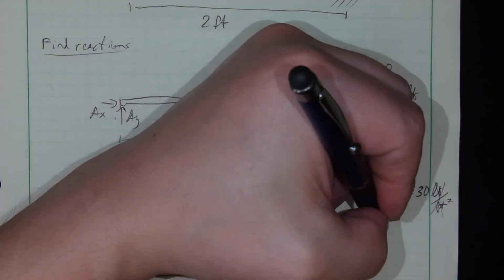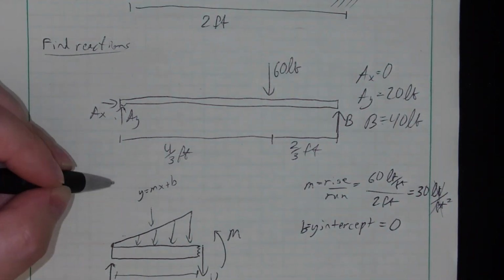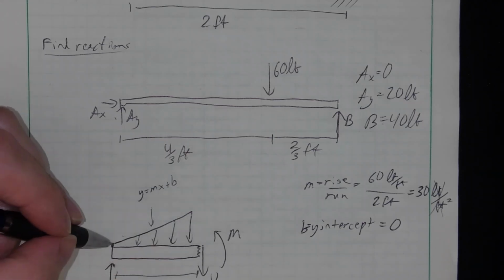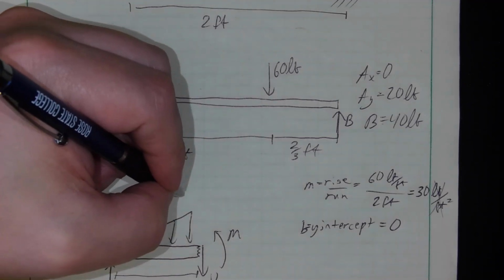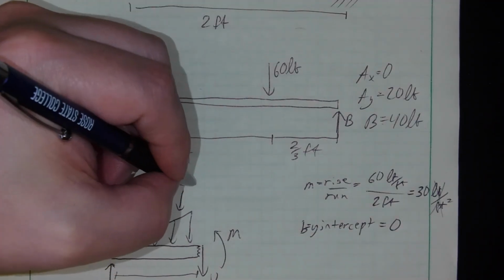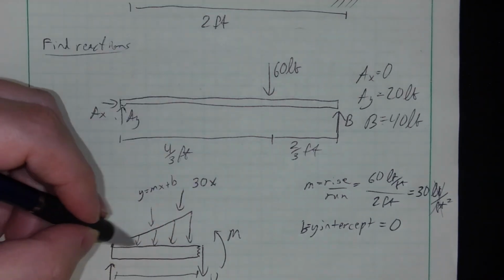Well, in this case, its intercept is 0. You're starting basically at 0. This is y, this is x, and we're saying we're starting right there at the origin. Your b-intercept is 0. So your expression right here is going to be 30x. That is the expression for this line.